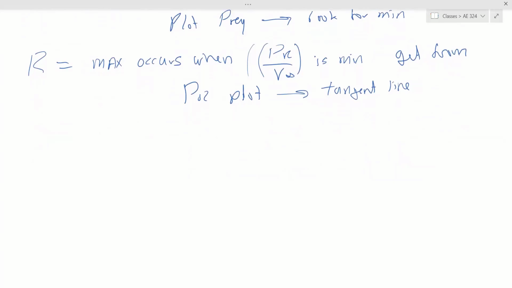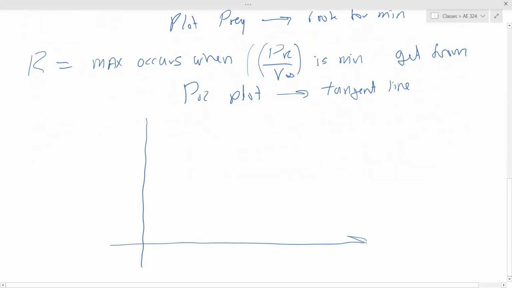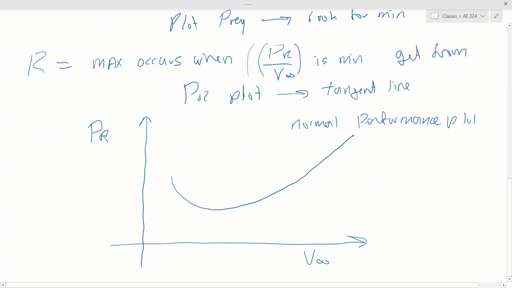So again, this is for a propeller airplane. We do our normal plot. This is our normal performance plot, where we plot power required versus V infinity.